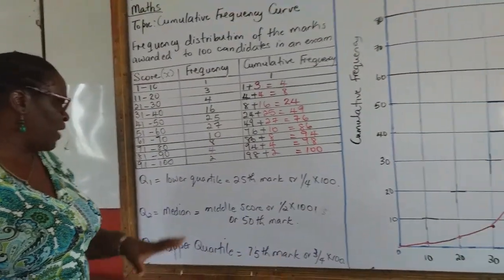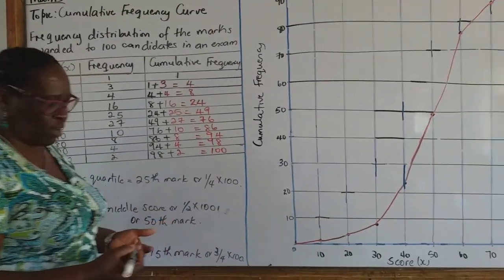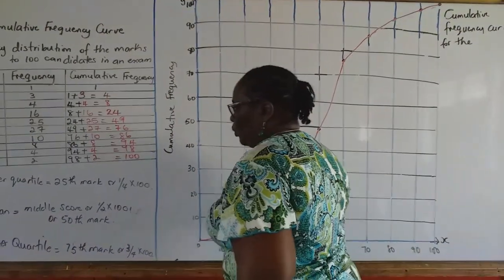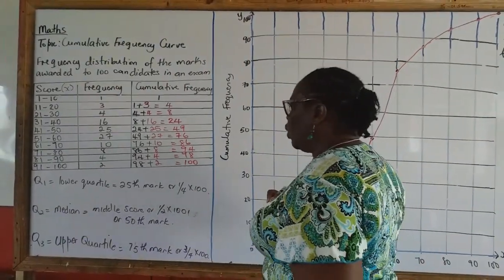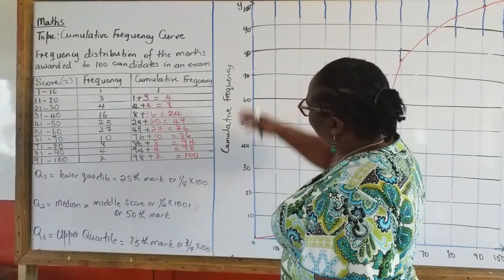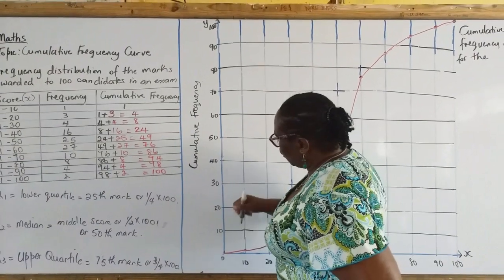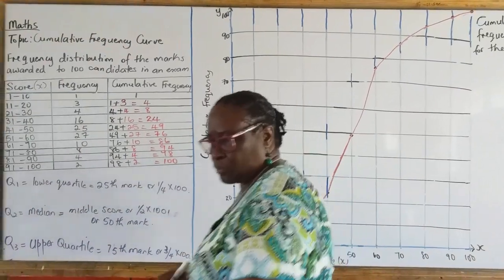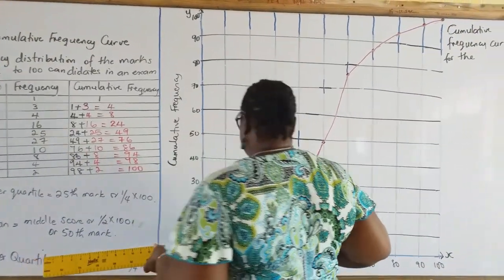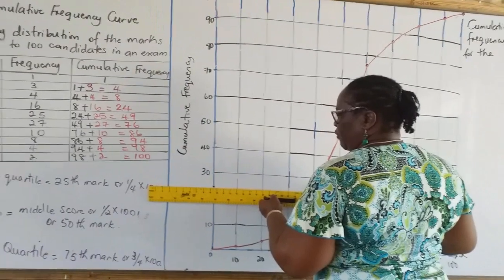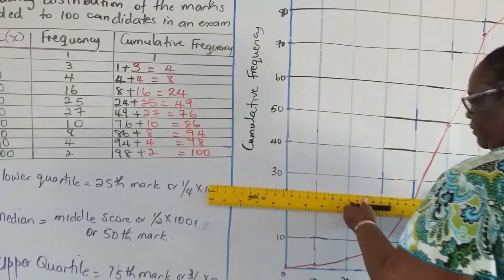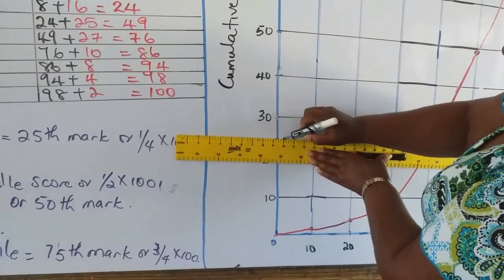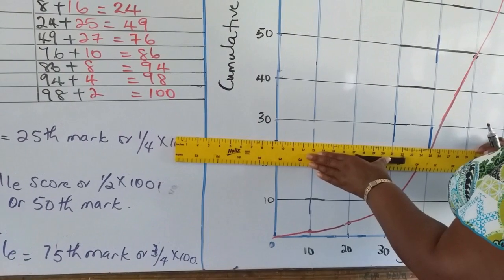How do we find these quartiles from your graph? Let's go back over here now. We are looking for the lower quartile. So we look for the 25th mark on the cumulative frequency side. You know 25 would be halfway between 20 and 30. So what we do is draw broken lines from the 25th mark to the curve.